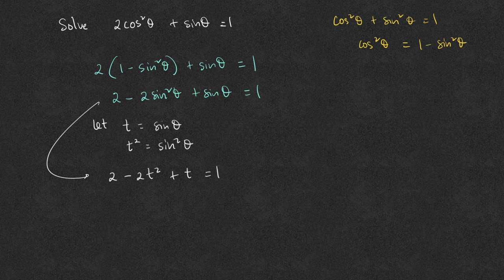To solve this equation, we will need to zero it out by moving everything to the left-hand side. Subtract 1 from both sides of the equation to get 1 minus 2t squared plus t equals 0, or 2t squared minus t minus 1 equals 0.